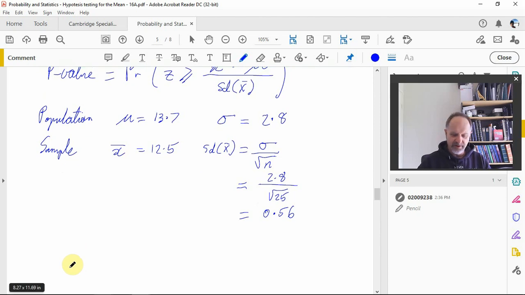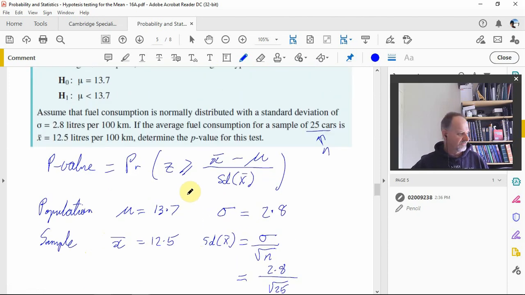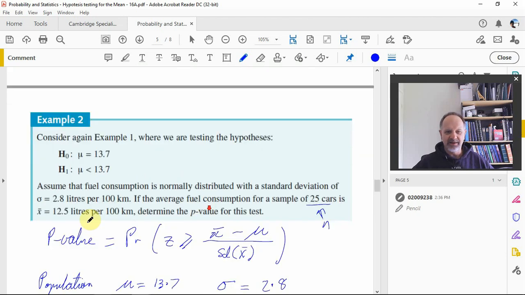All right, so now we're looking for our p-value. Our p-value is the probability that Z is less than or equal to, not greater than or equal to. I copied it down from a previous example where we were looking at something being bigger than, but here this 12.5 is less than.